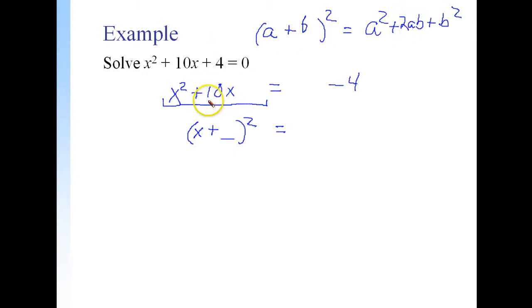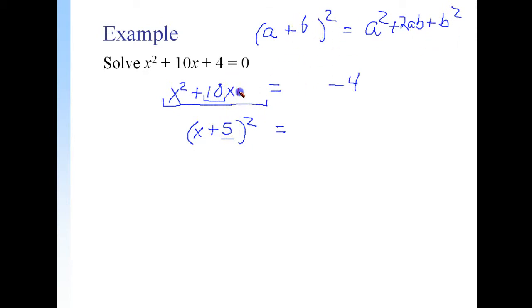So the rule we're going to use is: what is half of 10? Half of 10 is 5. And I'm going to change colors here. Now, how did we get our c term if we had this? Well, we squared the b in this case.